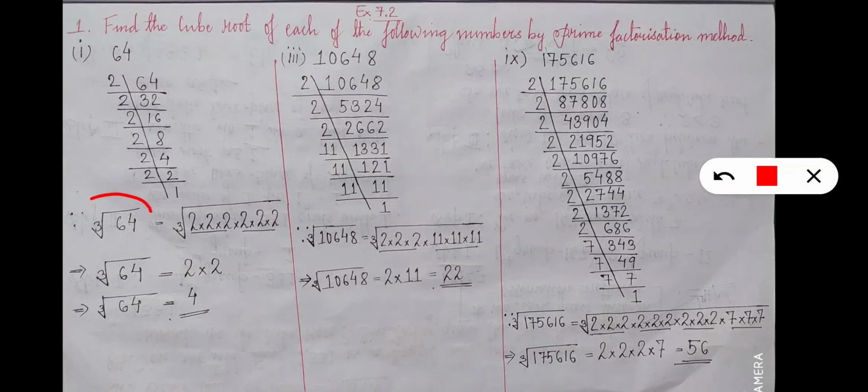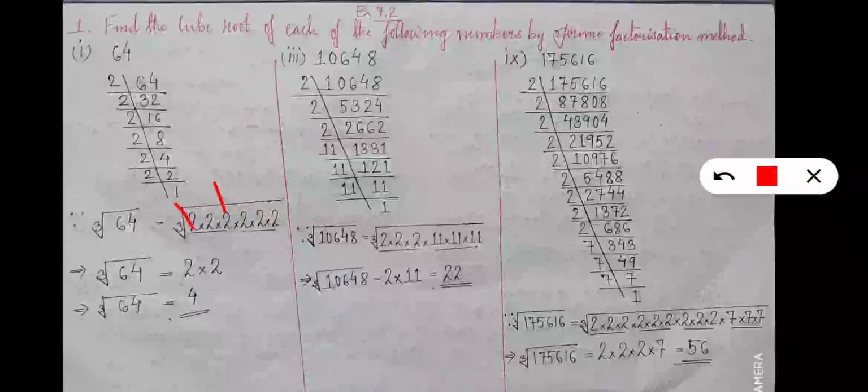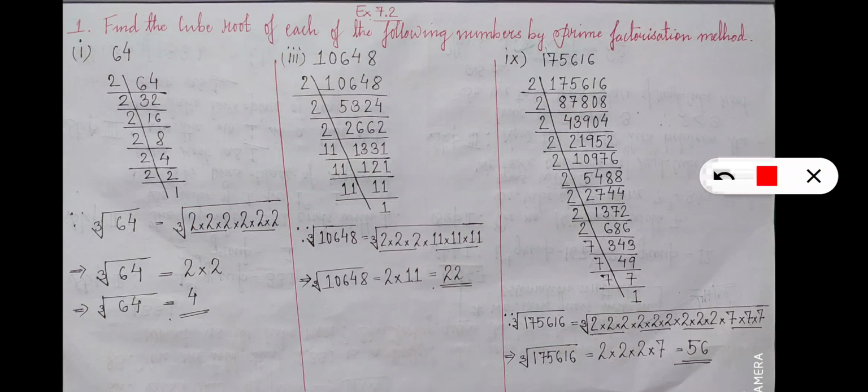So that's why we have written cube root of 64 equals cube root of, now what prime numbers did we get? 2. How many times? 6 times. So we have written 2 six times. Now to take it out from this root, you have to make triplets. So there are 2 triplets, so 2 times 2 will come out.